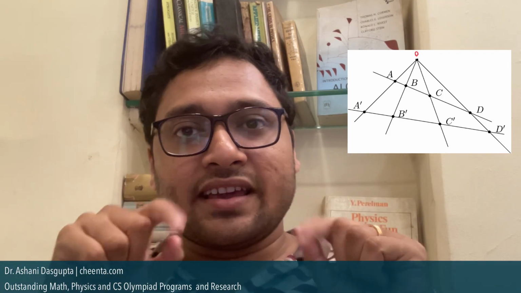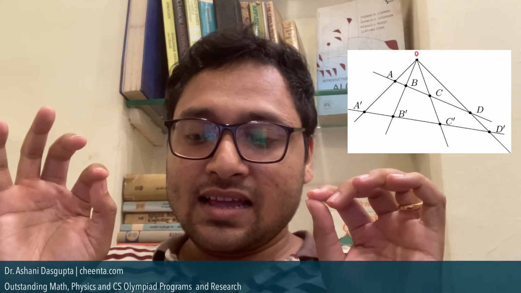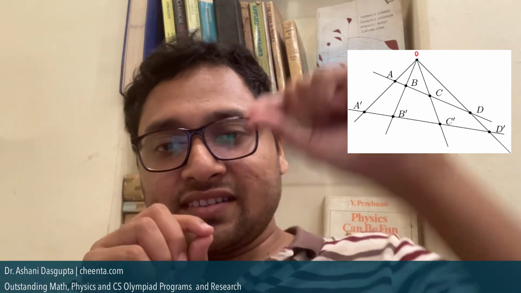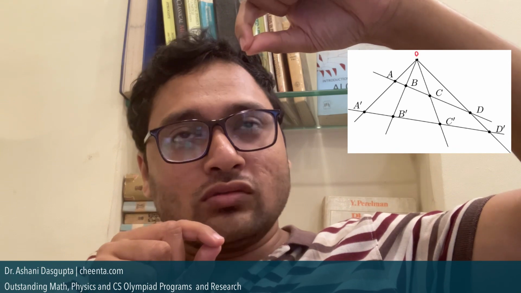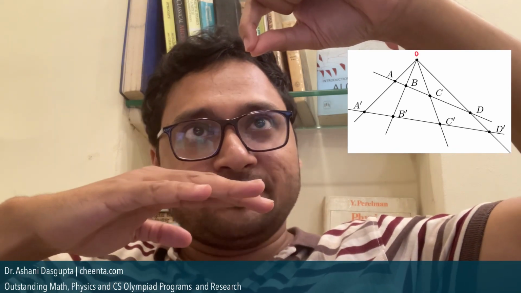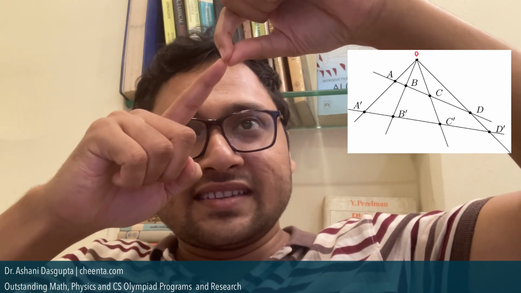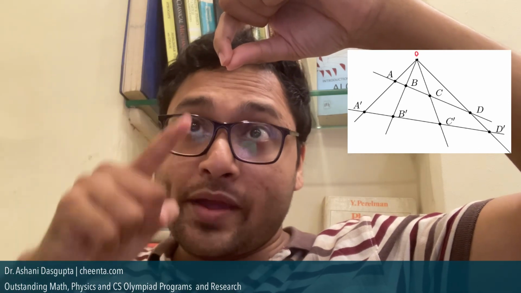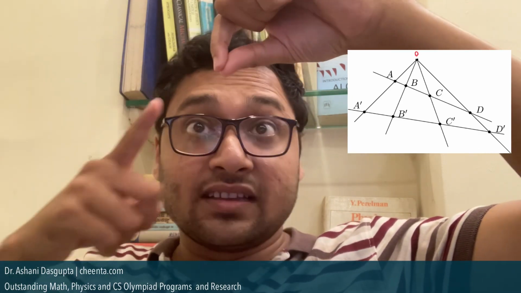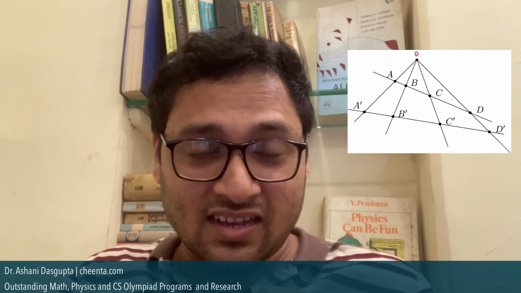The cross ratio is something like this. Suppose you have a line and there are 4 points on the line, A, B, C, D. And then there is an observer point, O. This point is outside this line. This observer is seeing these 4 points, OA, OB, OC and OD. These are the lines of sight, if I may say so.